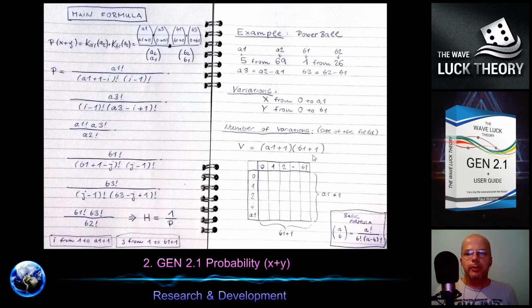So if we look at this matrix or table, its size is equal to the number of variations. In the vertical line we have variations for draw 1, from 0 to A1, and in the horizontal line we have the number of variations for the second draw, from 0 to B1. So in our case it will be 0, 1, and here it will be from 0 to 5, and that table will have 12 cells, and each cell will have a different value.